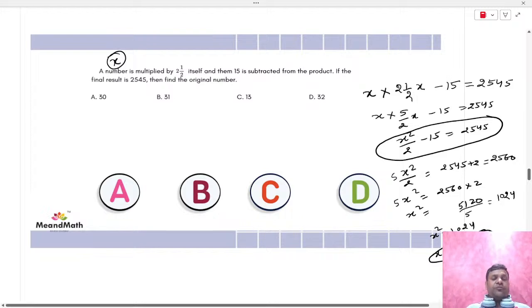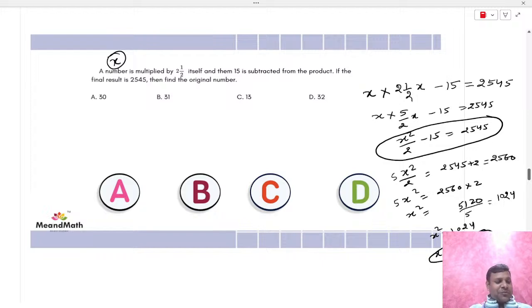ये 1024, I told you so many times in the class, is a very important number which comes in computer also. Anybody in the class remember 1024? We use it frequently in computer language. Binary. याद है कुछ? बोलो.